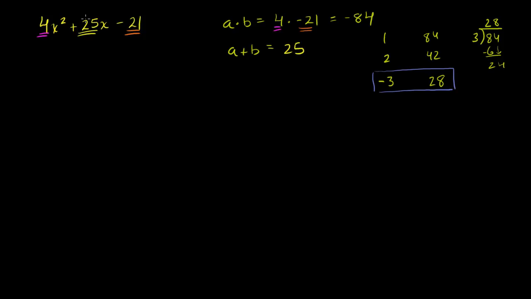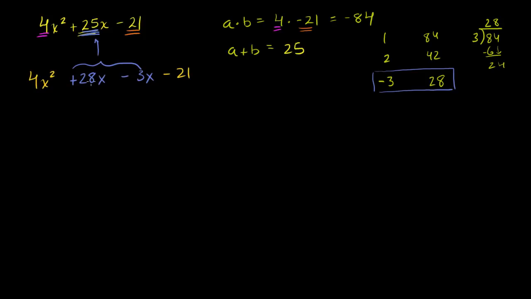What we're going to do now is split up this term right here. We're going to split it up into positive 28x minus 3x. We're just going to split that term. And of course, you have your minus 21 there, and you have your 4x squared over here.